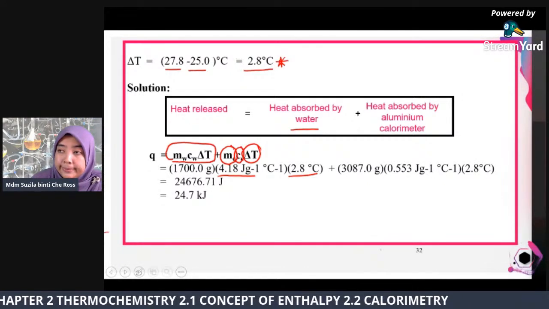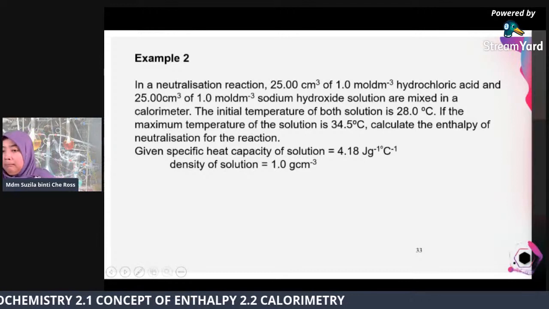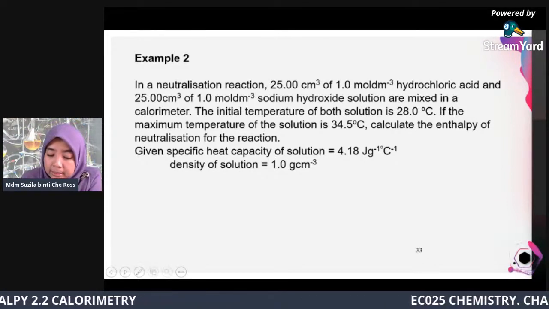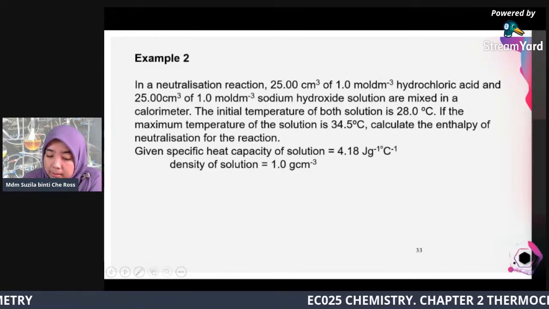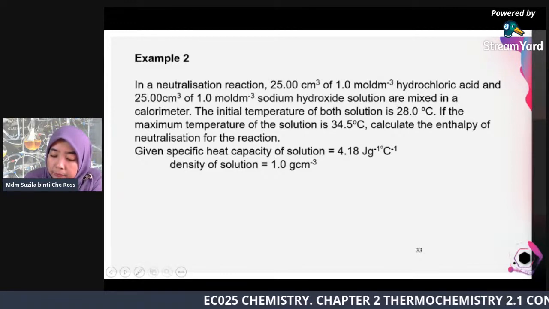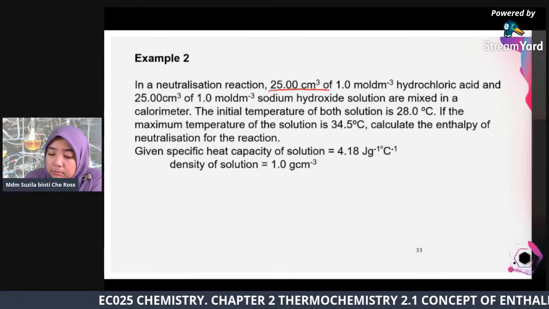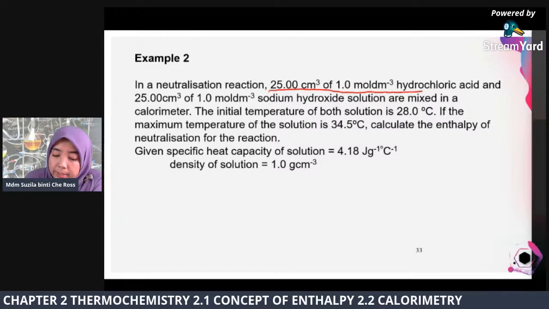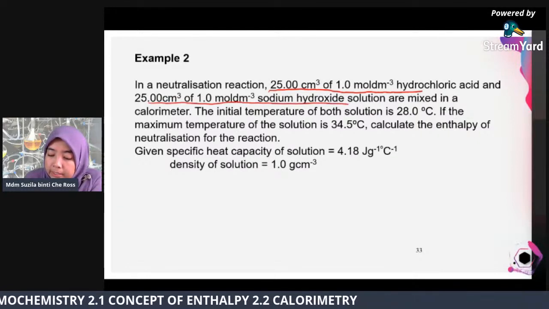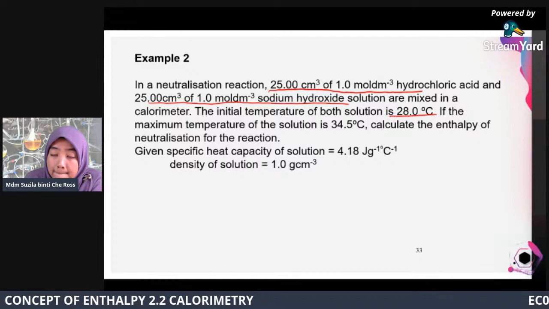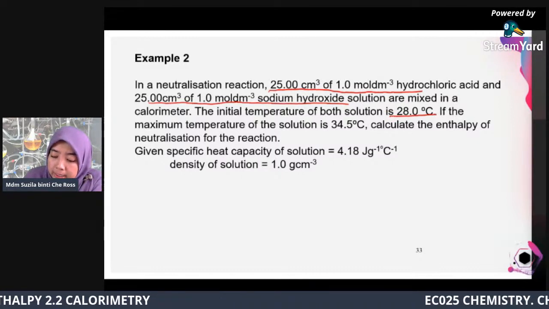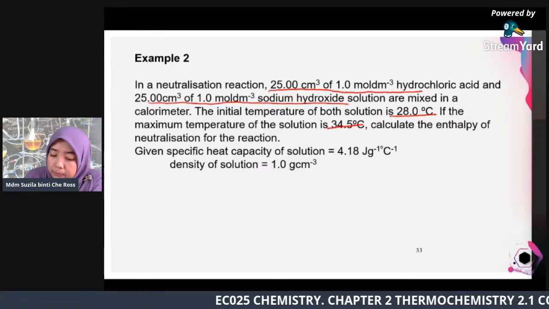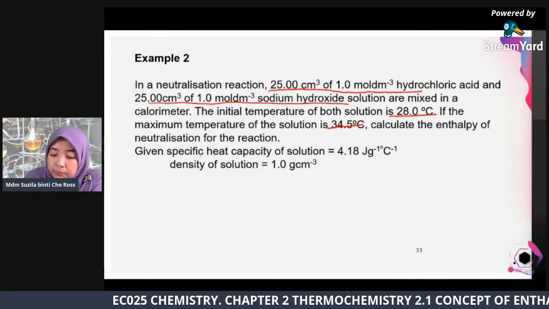Okay, so last one. This is an example for a neutralization reaction where given here 25 ml of 1 mole per dm cube HCl and 25 ml sodium hydroxide, and then given also initial temperature and final temperature and specific heat capacity for the solution, also density for the solution.